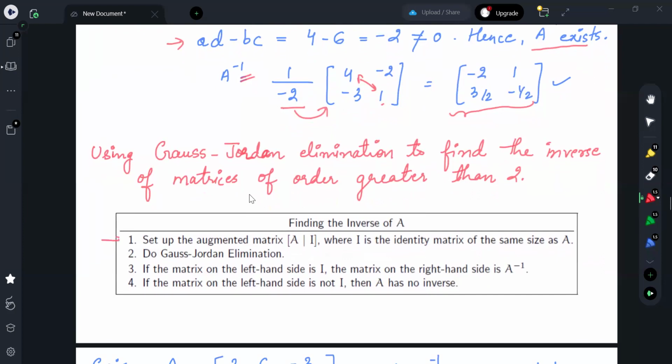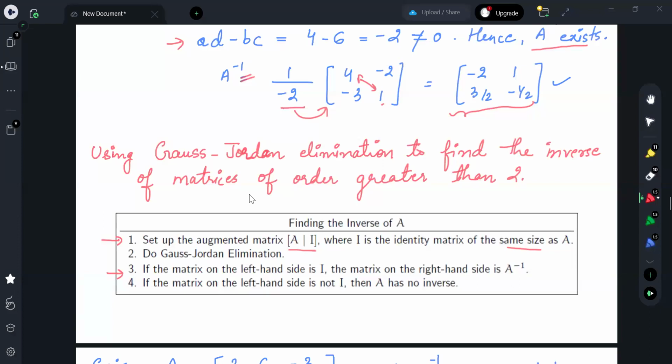We will set up the augmented matrix of A with the identity matrix I of the same size as A, and we apply Gauss-Jordan elimination on A. How do we check if A inverse exists?